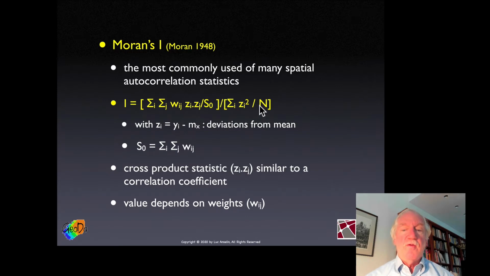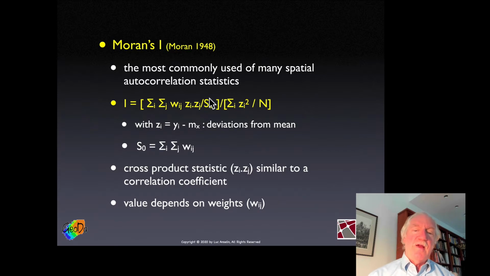And look here, we have the same n in the denominator, so these will cancel out if we have row standardized weights. The denominator should look very familiar. These z's are deviations from the means. The sum of the square deviations from the mean divided by the number of observations is an estimate of the variance.